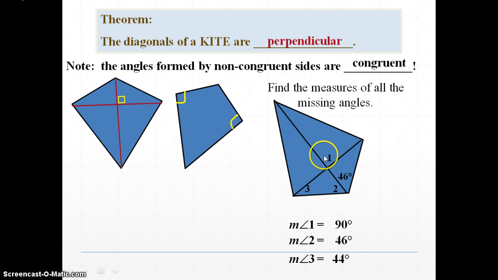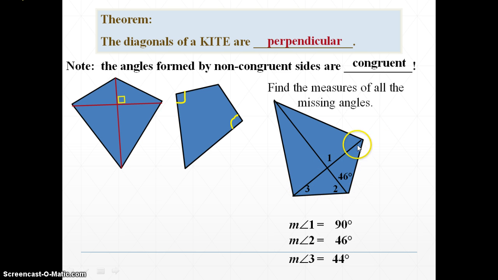I know that all four of these angles are 90, which is going to make this angle right here be 44, which means that this angle over here is 44 because these two sides are congruent, which makes an isosceles triangle. So we're actually going to find angle 3 first whenever you were doing this on your own. So let me go over what I just said.